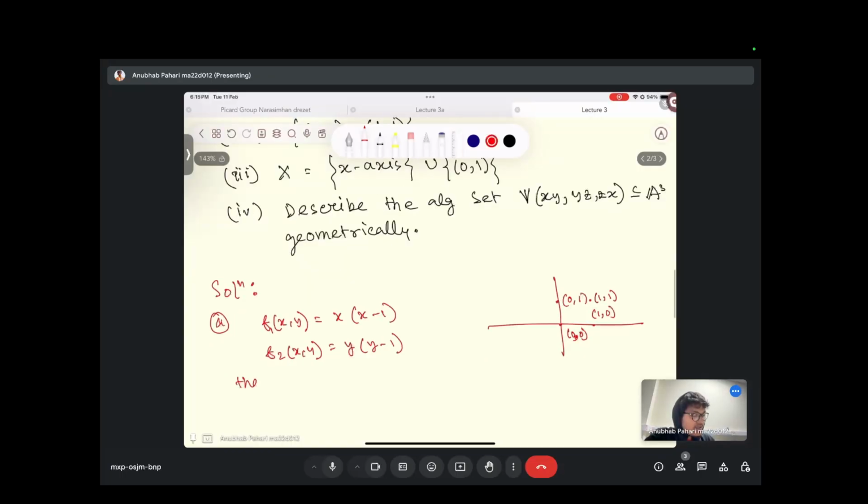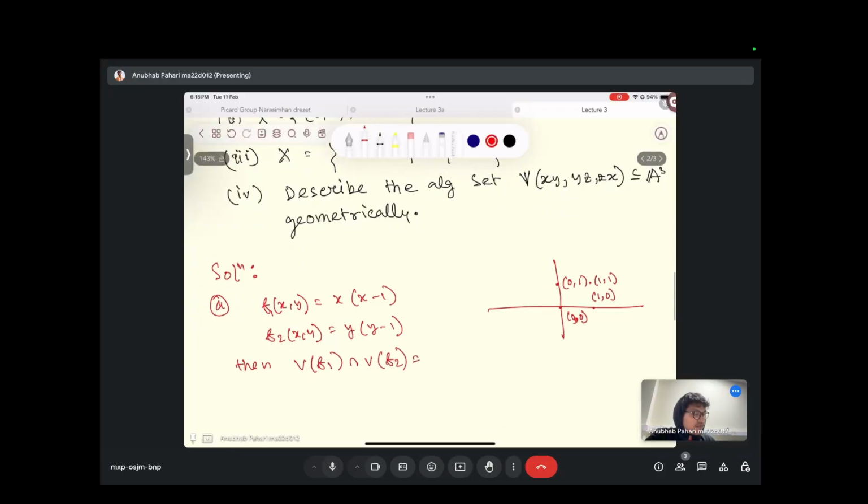Then one can see that V(f1) intersection V(f2) is exactly these 4 points: (0, 1), (1, 1), (1, 0), (0, 0).